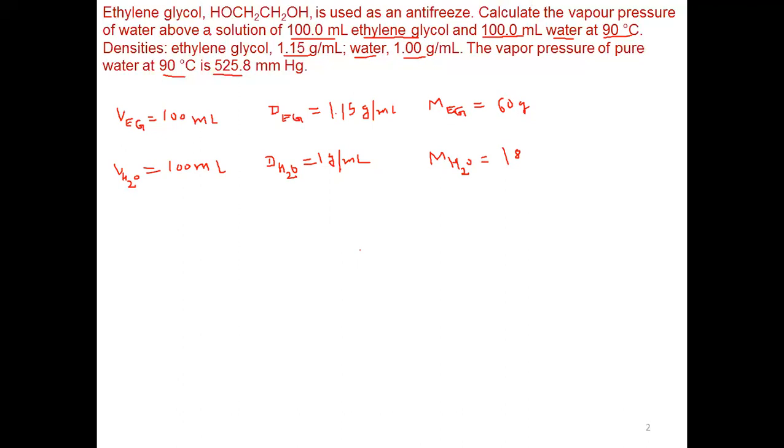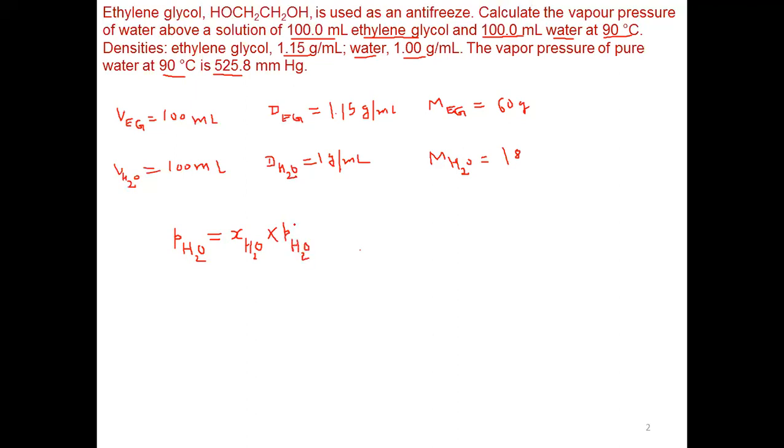We have to find the vapor pressure of water above a solution of 100 ml ethylene glycol and 100 ml water. So here we can apply Raoult's law, which states that the vapor pressure of any component in a solution, suppose we have to calculate for water, is equal to its mole fraction in the solution, X water, multiplied by its vapor pressure in pure state, which is denoted by P naught.